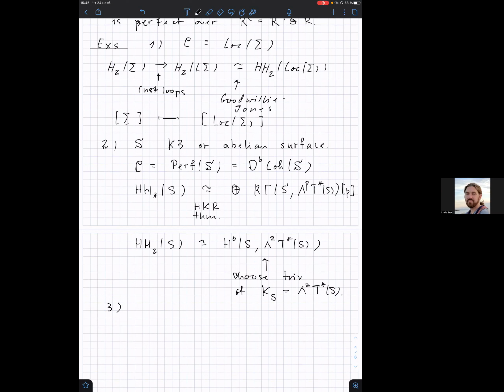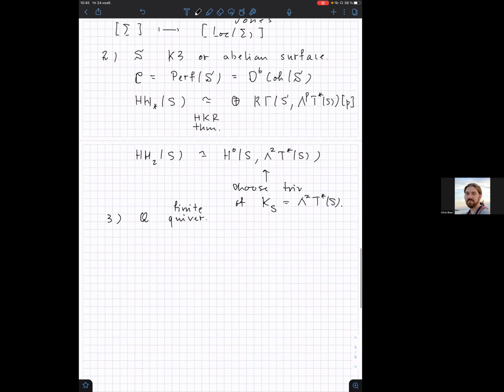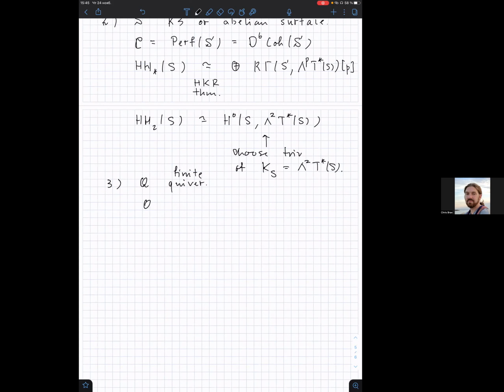And here, for an example from representation theory of algebras, take Q to be a quiver. I don't care what kind of quiver, maybe finite, but I don't care, it can have loops. And then I consider the double quiver.